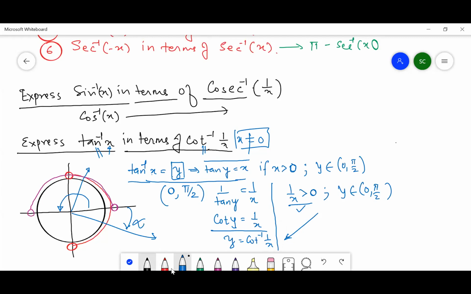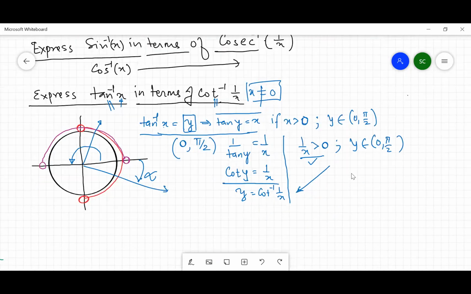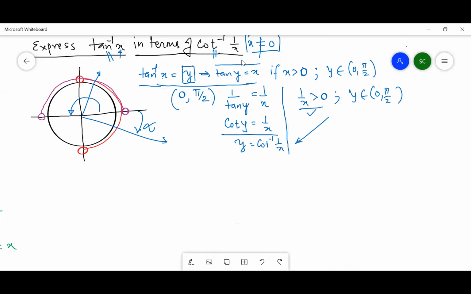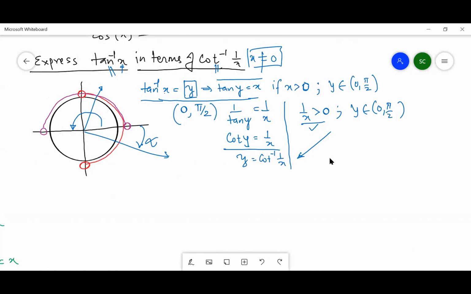Now let us discuss the second case. Obviously we have split the problem into 3 parts. If x is equal to 0, we don't want to answer. That part is easy. If x is greater than 0, we have answered.